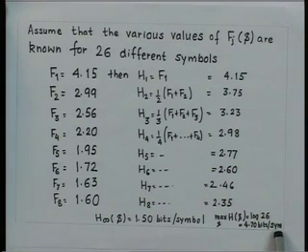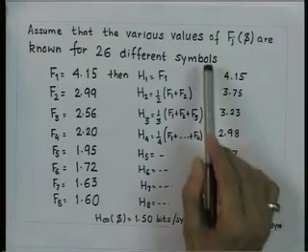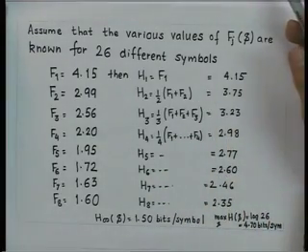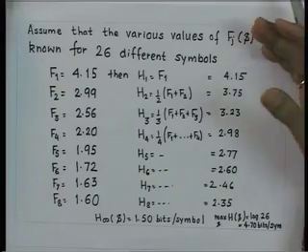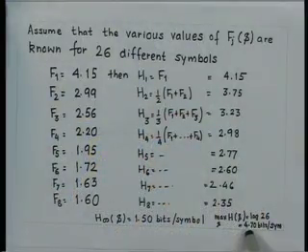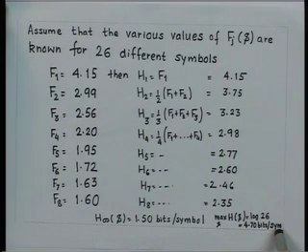What I want to convey from this example is that if I take a source which consists of 26 different symbols, then the entropy of that source, based on the assumption that all the symbols are equiprobable, will be equal to 4.70 bits per symbol.